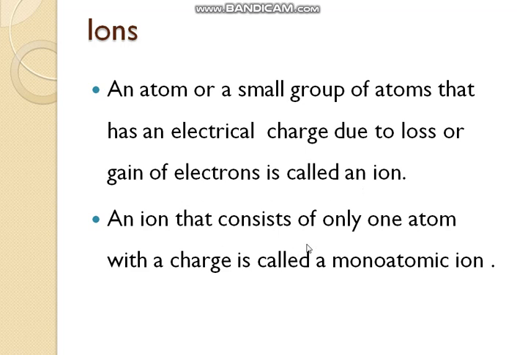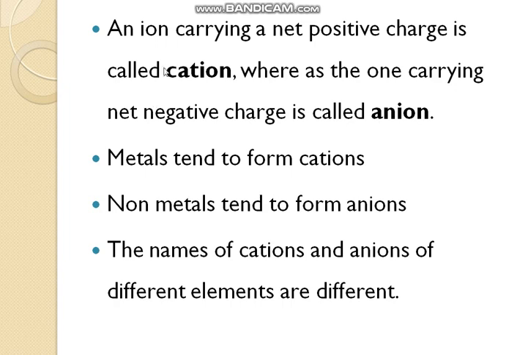An ion that consists of only one atom with a charge is called a monoatomic ion. An ion carrying a net positive charge is called a cation, whereas one carrying a net negative charge is called an anion.